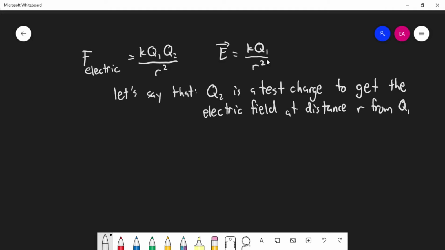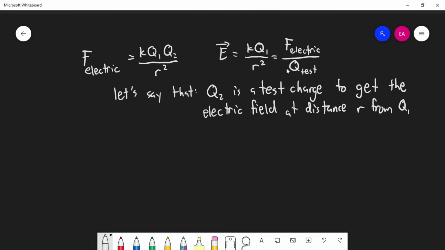Since Q2 is a test charge, we could say that E is equal to F electric over Q test, meaning the test charge.